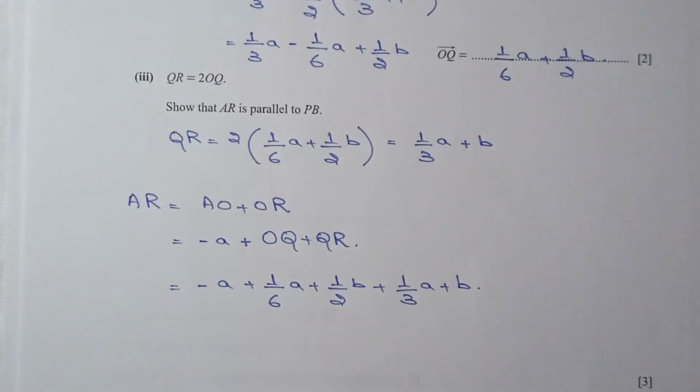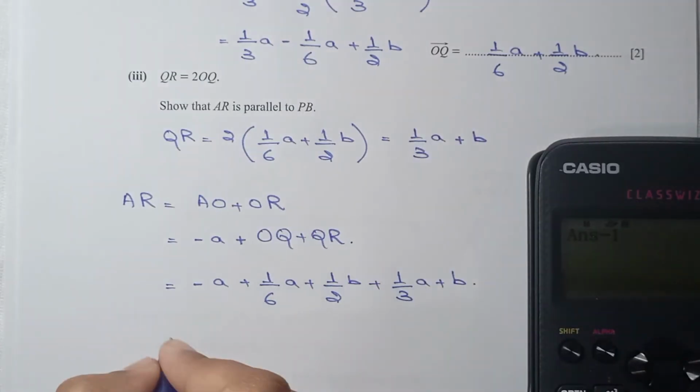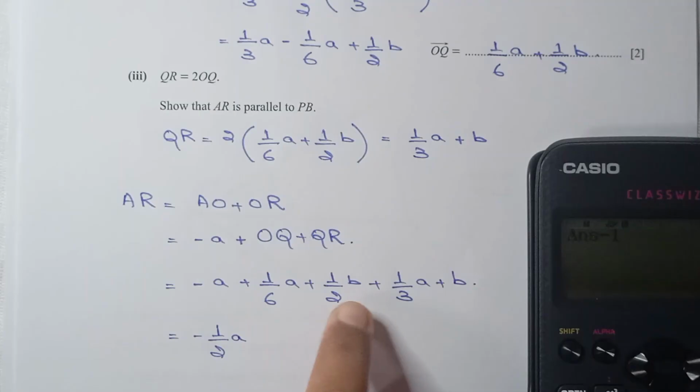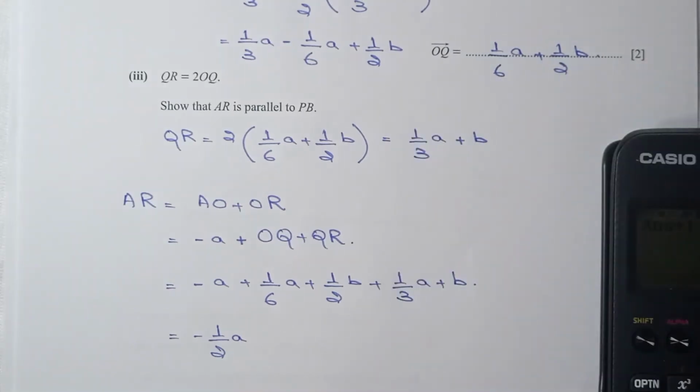Now we have A and A. So let me simplify: 1/3 plus 1/6 and minus 1. So A is minus 1/2 of A, and for B we have two B's, 1/2 and then plus 1, we have 3/2 B.